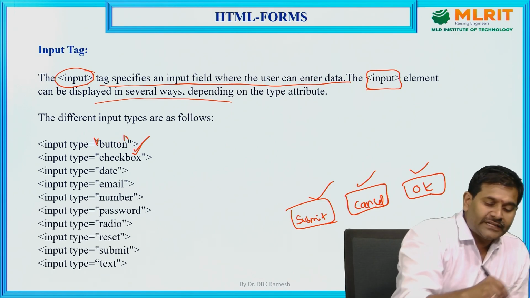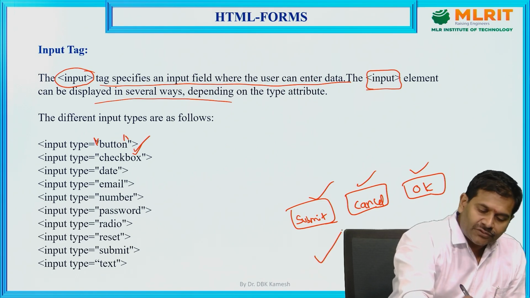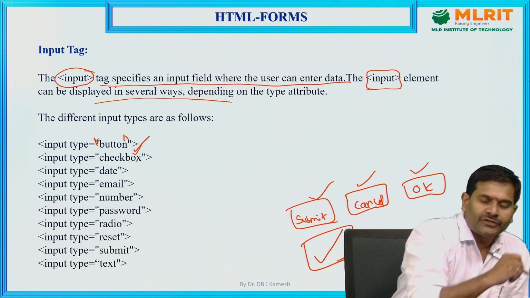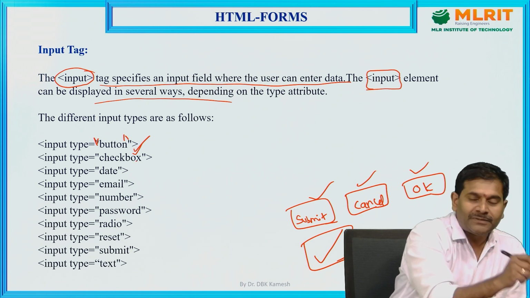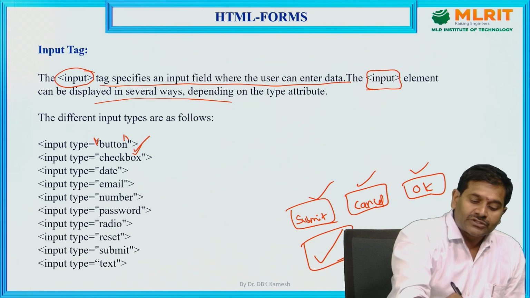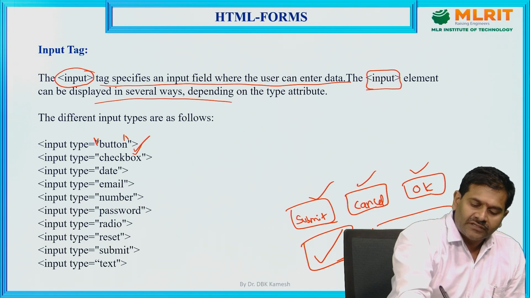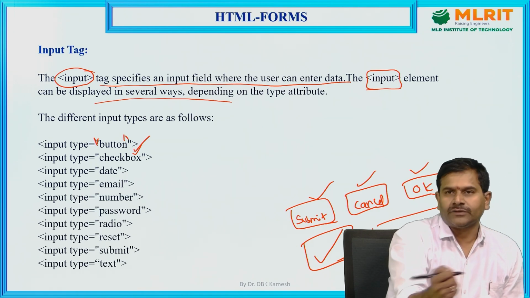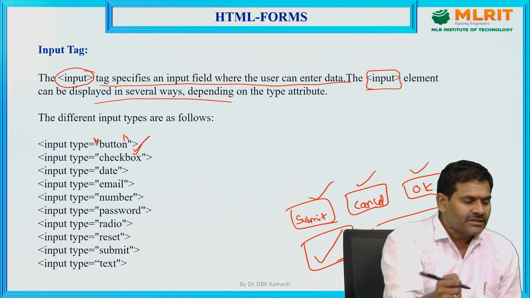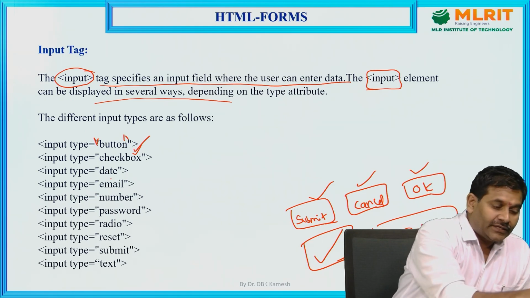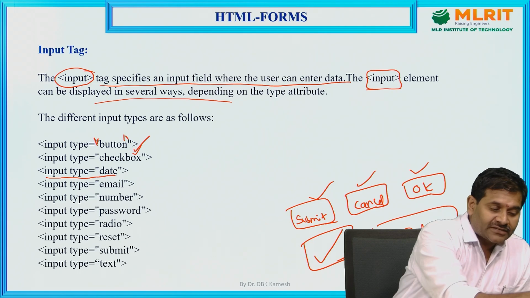Then the next one is checkbox: input type equals checkbox. Then date, with a format like dd/mm/yyyy or many other versions of the date format: input type equals date.